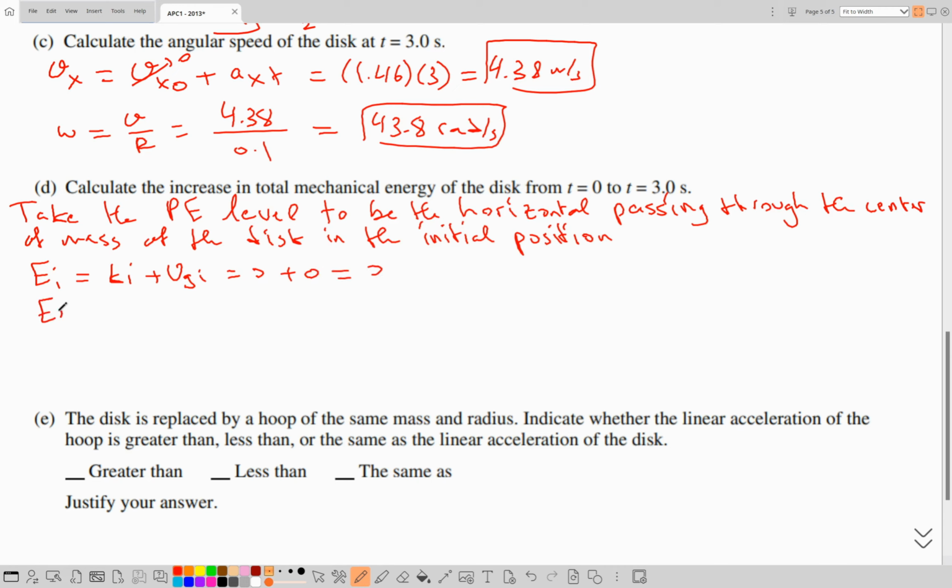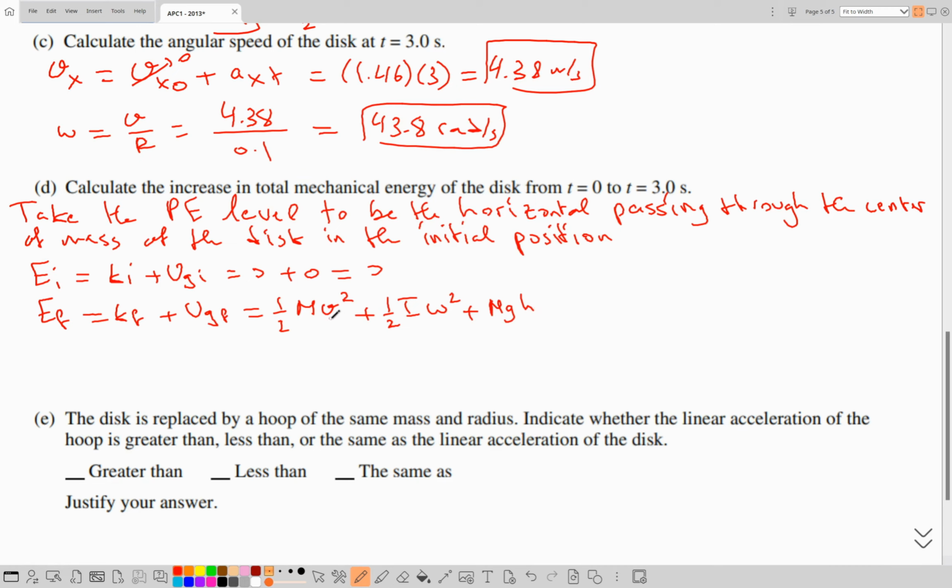Now what's our final mechanical energy? It's given by kinetic energy final plus gravitational potential energy final, and that would be half the mass of the system m, times the speed that we have already determined. But here pay attention, we have two types of kinetic energy, translational and rotational. For this reason we need to add another term, half I omega squared, and we have a gravitational potential energy given by mgh.